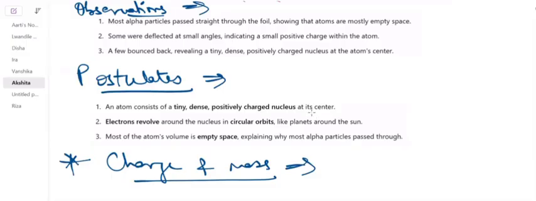Now, this is again very basic knowledge. What is the particular charge and mass? So let's have a look at this part also. Are you done?